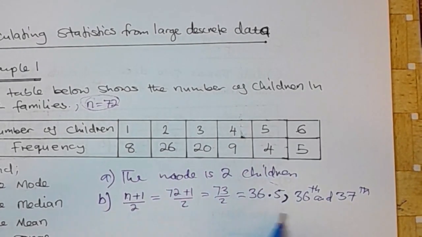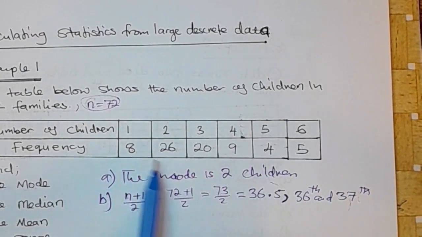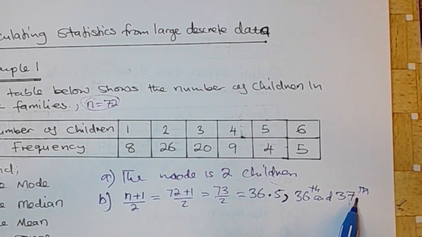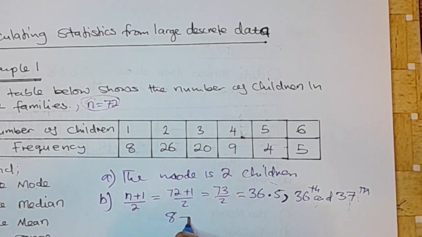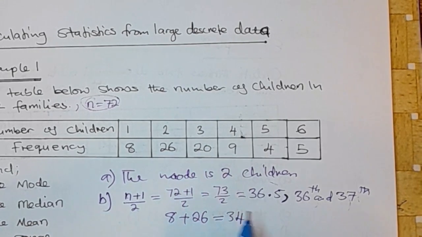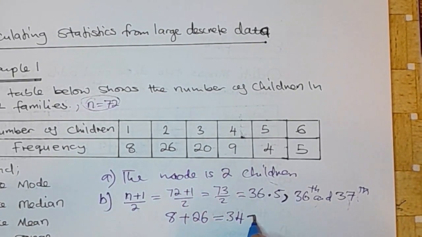After you've established this, you start adding until you reach 36 and 37. So 8 plus 26 is 34, and 34 is not up to that, so we add another 20, which gives 54.